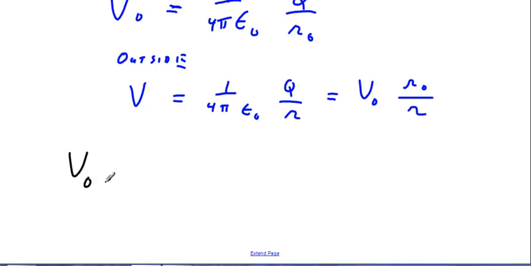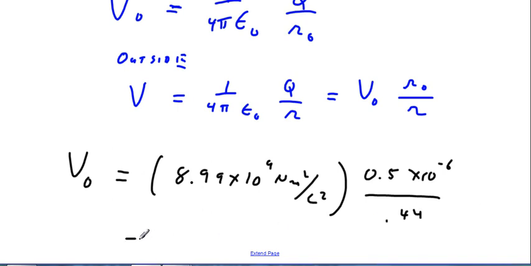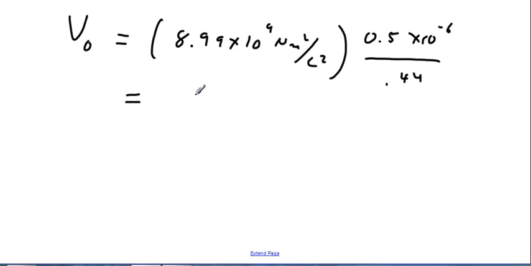V naught is going to be 4 pi epsilon naught, also known as K, times Q divided by R naught. So the voltage on the surface of the sphere is 10,216 volts.